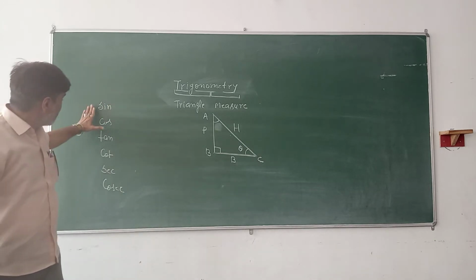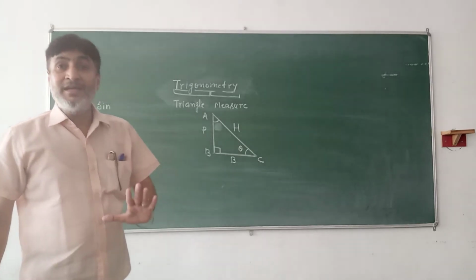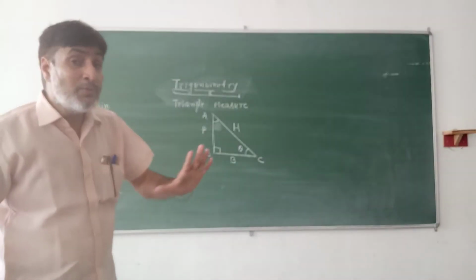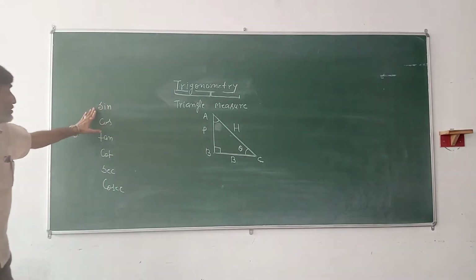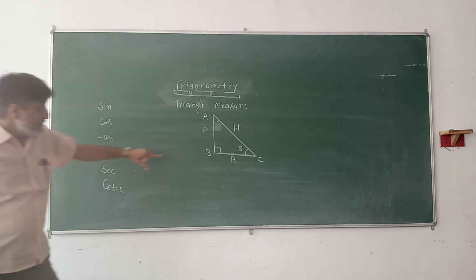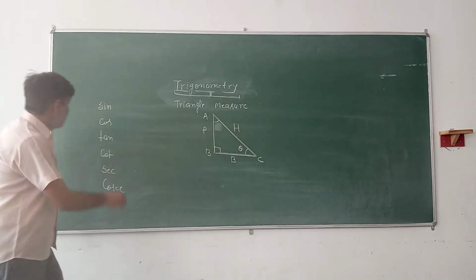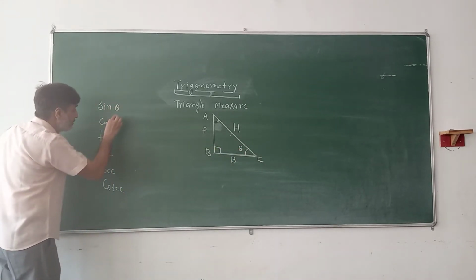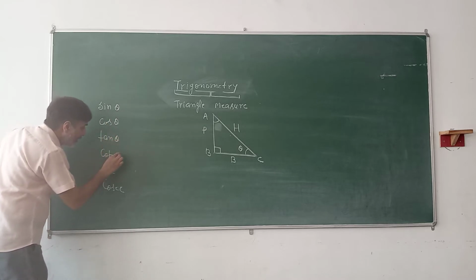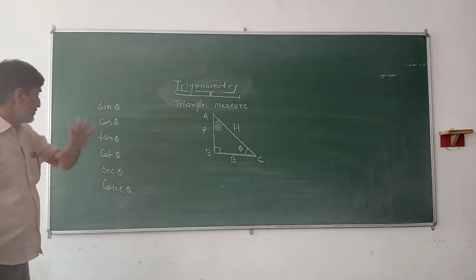Initially, all these 6 trigonometrical ratios are meaningless without including an angle with them. As soon as we include this angle theta, which is at vertex C, with these ratios, all these 6 ratios become meaningful.